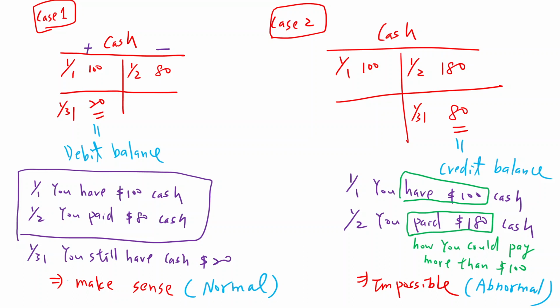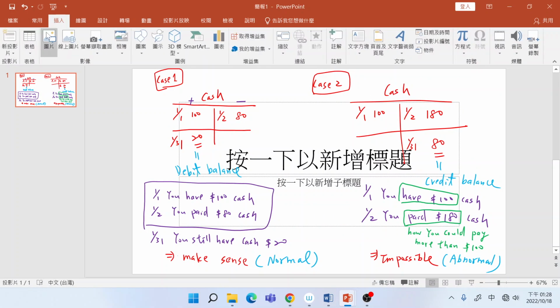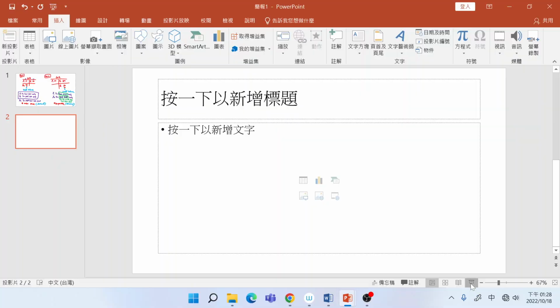Okay? I'll give you another case. This was about cash, right? How about liability? Say we have accounts payable, the liability.